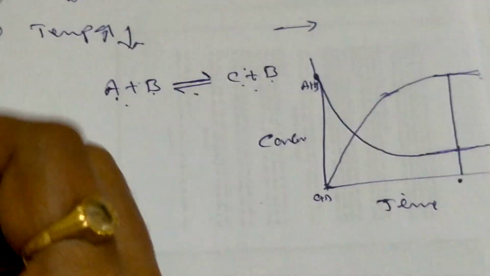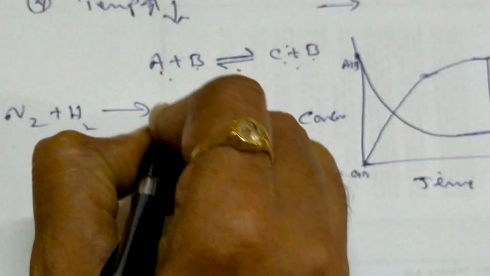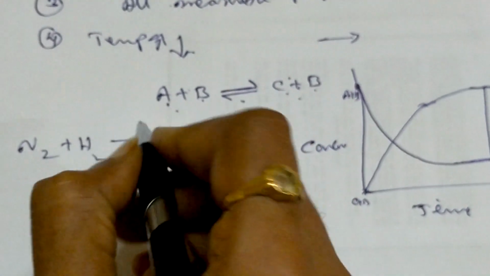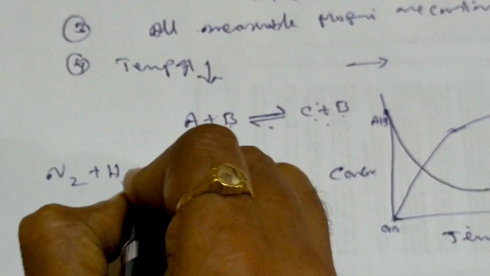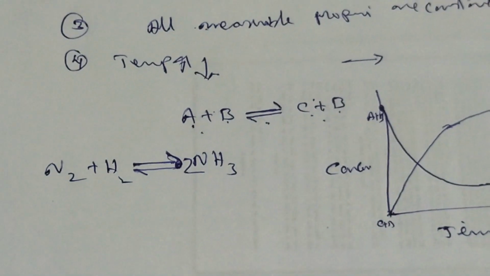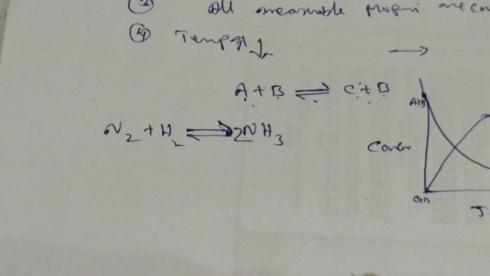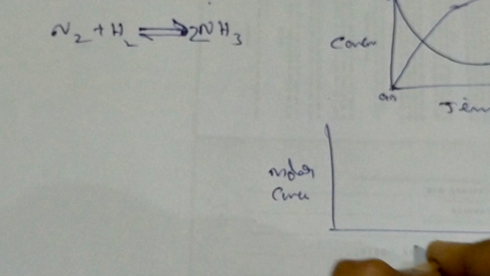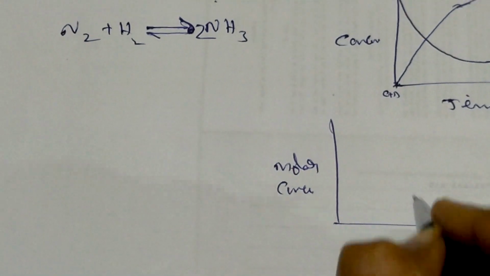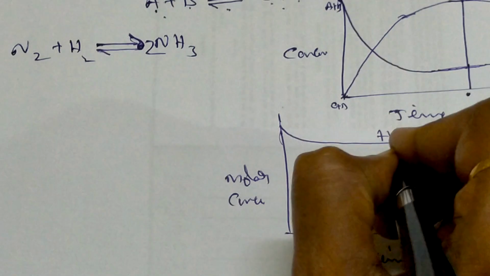Suppose I take a small example: nitrogen and hydrogen giving ammonia. I have to write the balanced equation. This will be a reversible reaction, that means a double arrow. Writing molar concentration against time, initially the hydrogen concentration will be very high, as it is one of the reactants.